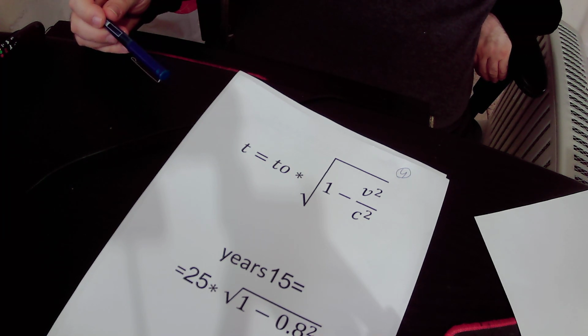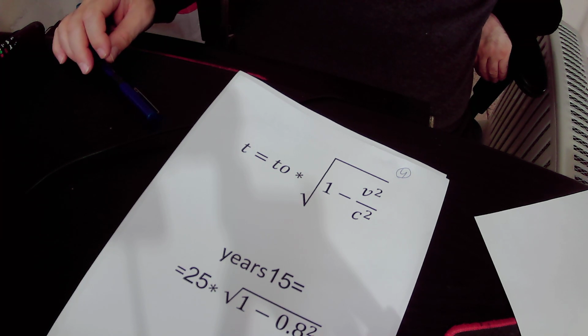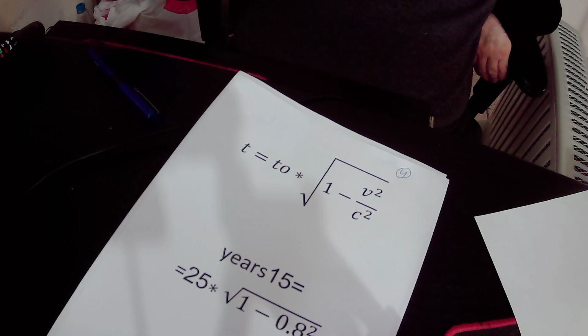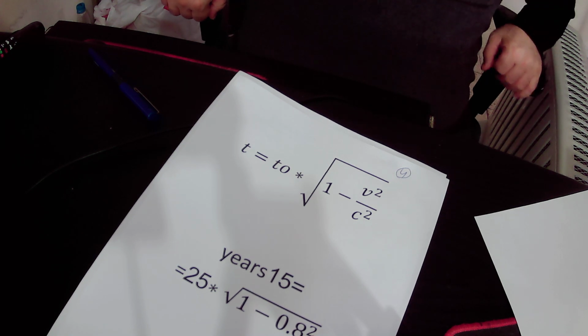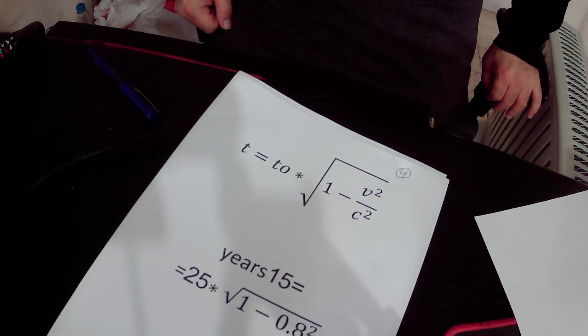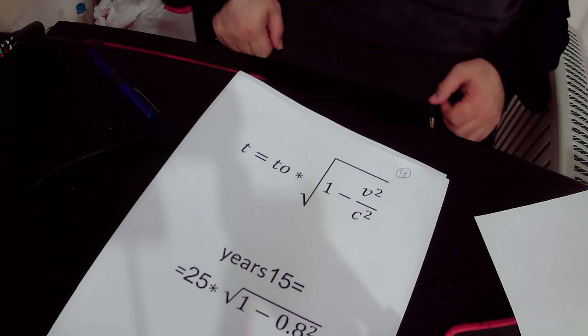So now we will analyze the total time that is passed in the spaceship from the point of view of the twin brother that is on the spaceship and traveling at very high speed towards the star Epsilon. From his point of view, he is at rest and the star Epsilon is moving towards him at the speed of 240,000 kilometers per second.